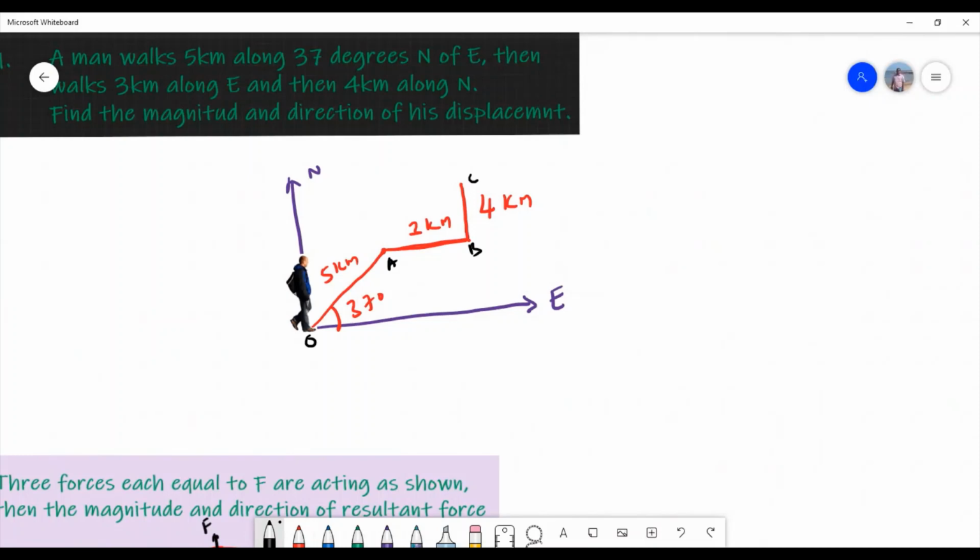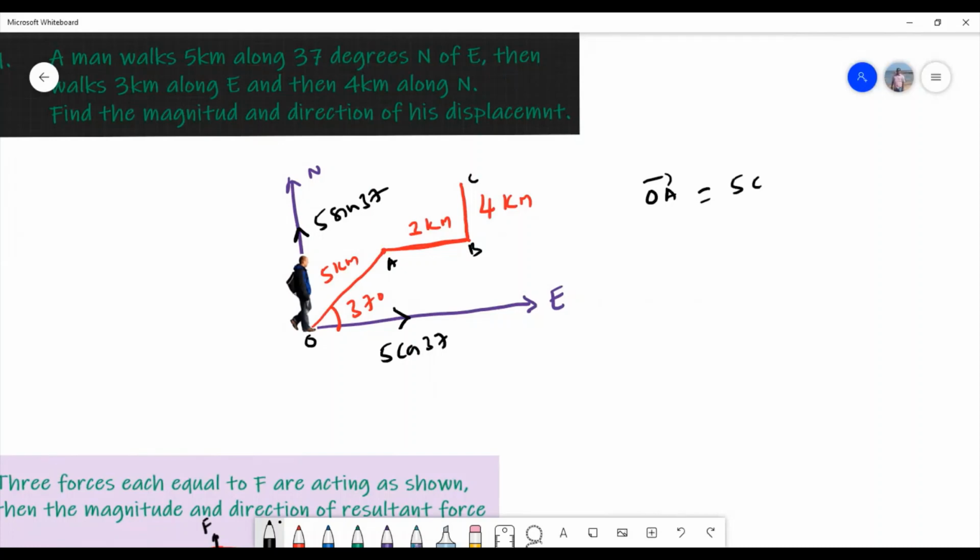Now first I'll resolve into components. What is the component of this? This is 5 cos 37 and this direction is 5 sin 37. So what is OA bar? We write it in vector form. OA bar is along eastward, multiplied with i cap.